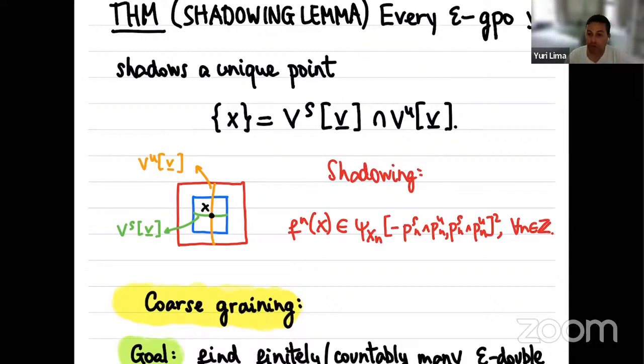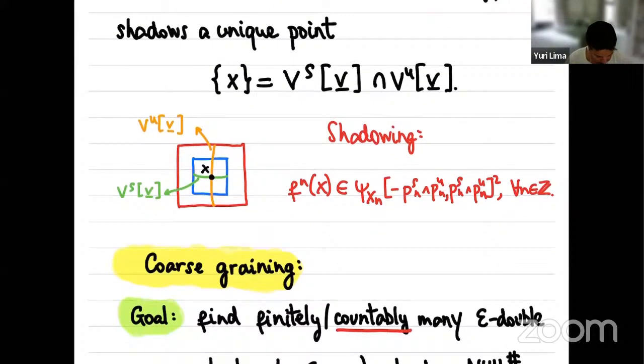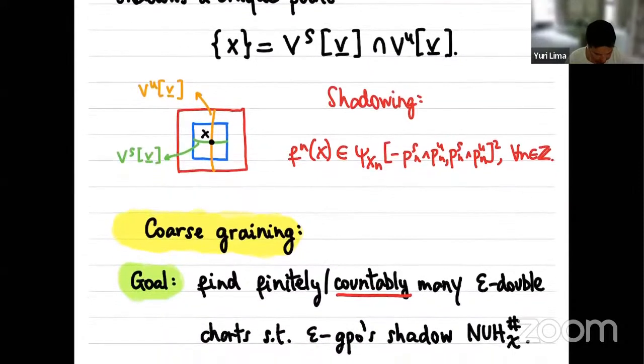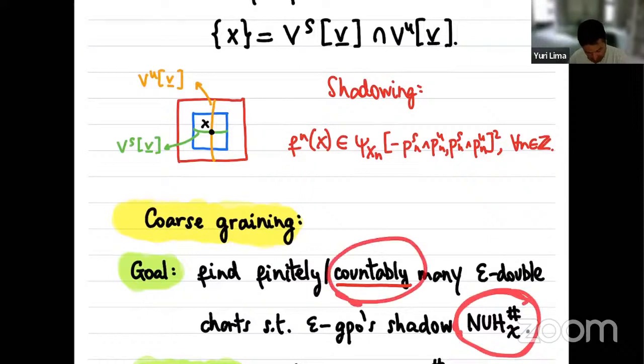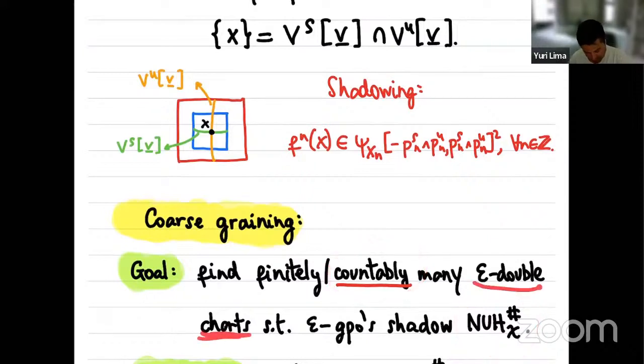And now we get to the coarse graining. The coarse graining is the tool, the machinery that allows us to pass from these uncountably many orbits that we have in the set to a countable family of double charts for which the epsilon generalized pseudo orbits that they are associated to shadow everything in the set.